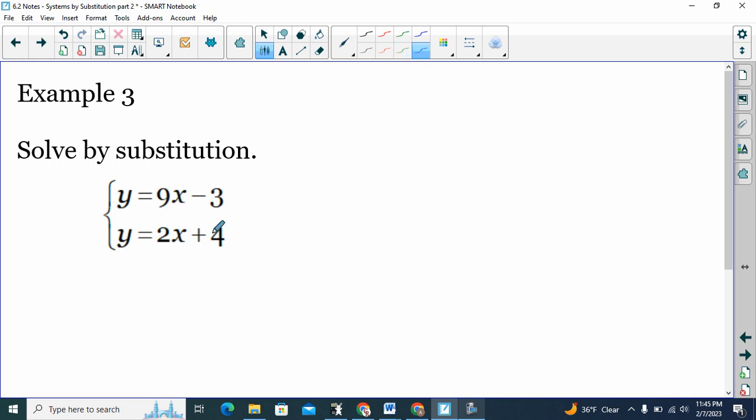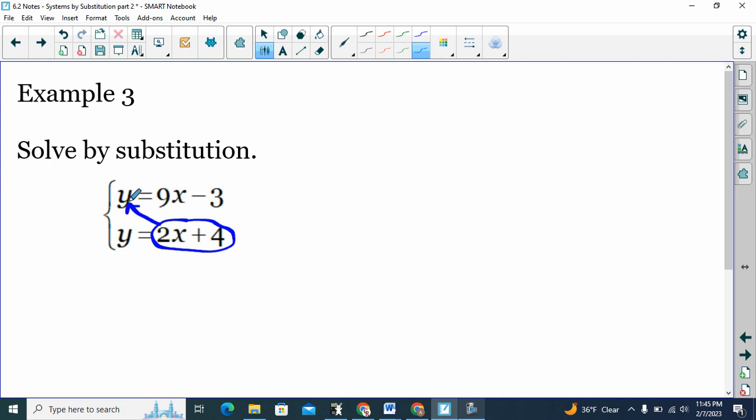We can either take 9x minus 3 and put it in for y here, and that will work. Or we can take 2x plus 4, that's equal to y, and plug it in here. Either one's fine. I circled it this way, so that's what we're going to do.